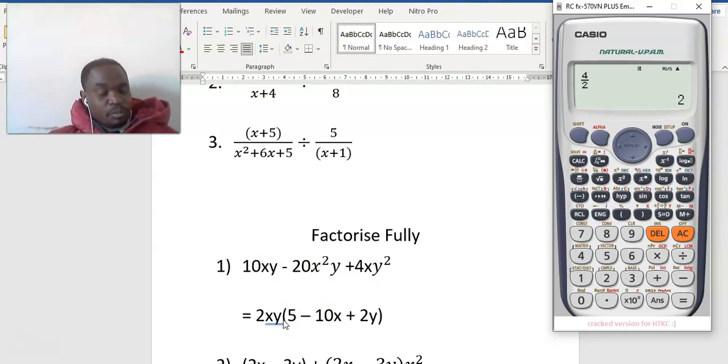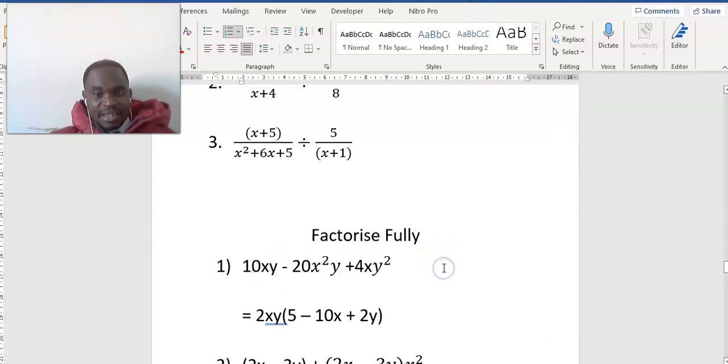Okay, now 10 divided by 2, we did it, is 5. Then xy divided by xy is going to cancel. It's like this. This xy is this one, and this xy is this one.